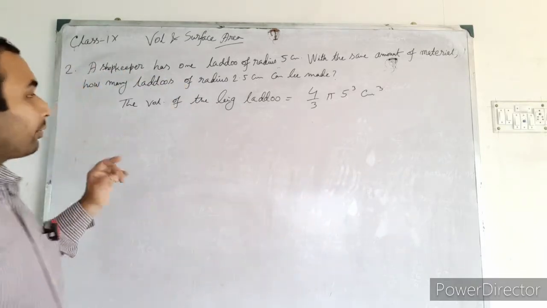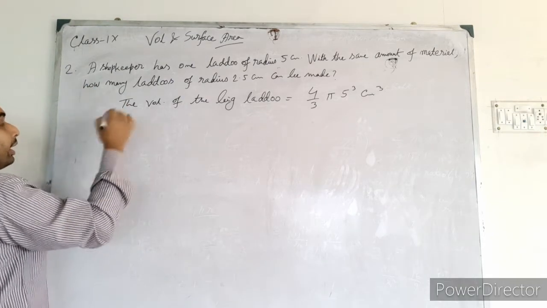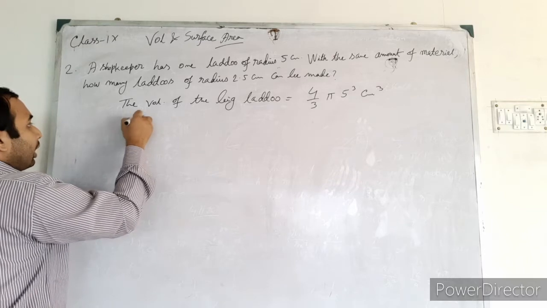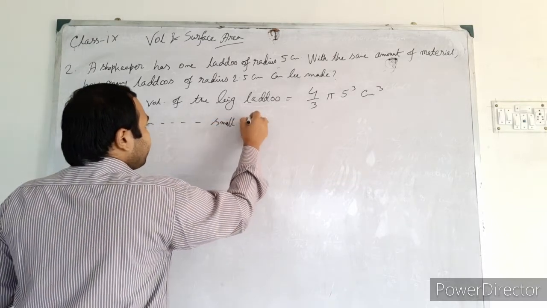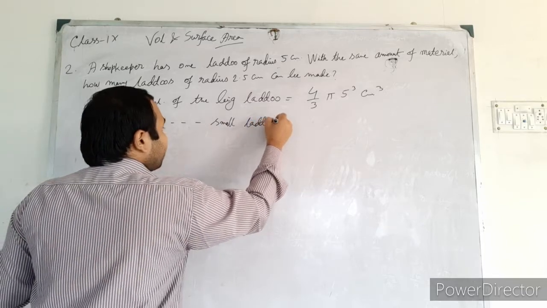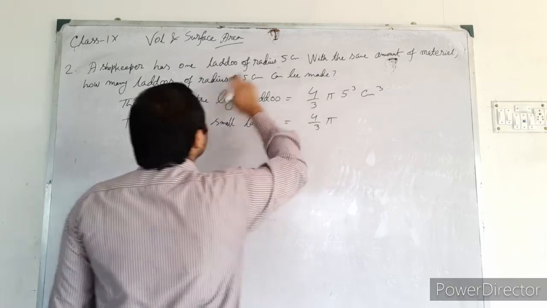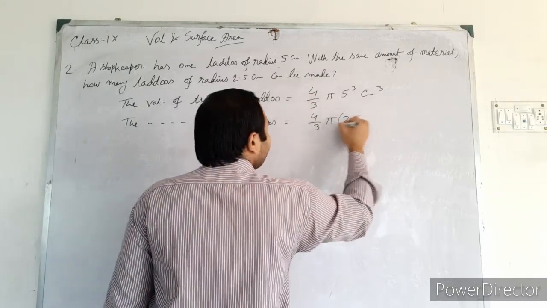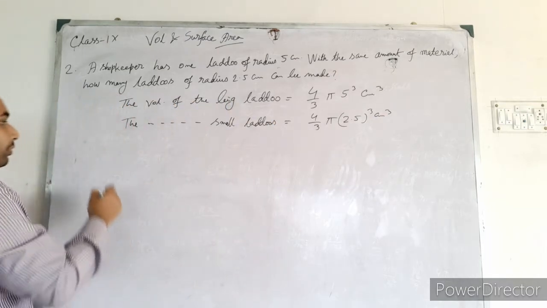So here 4/3 pi 5 cube centimeter cube, and the volume of the small laddus equals 4/3 pi 2.5 cube centimeter cube.